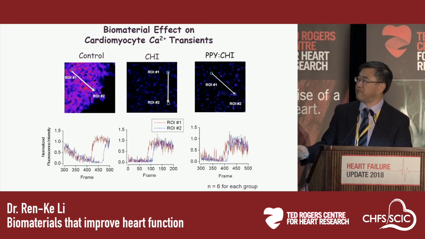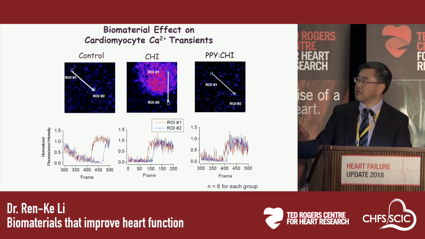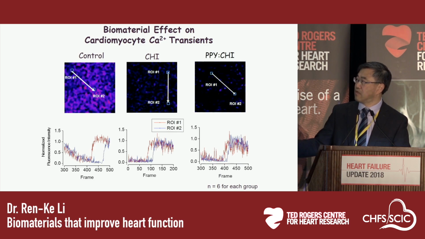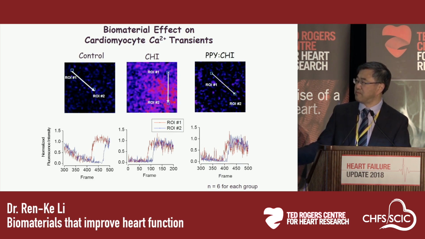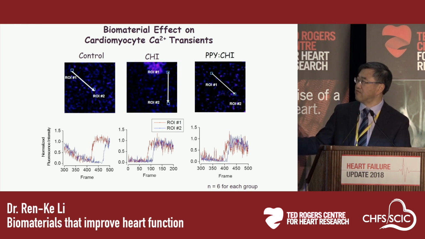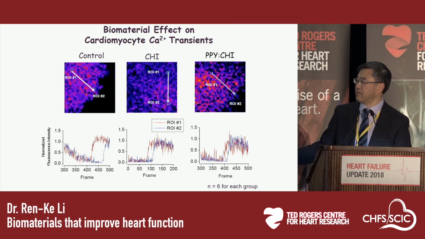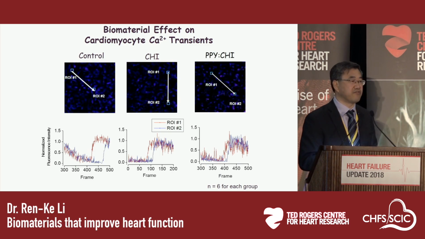So this is what she found out. In the control group, the conductive velocity from one point to another takes a long time. But the conductive velocity in the conductive biomaterial, or cells grown on top of the conductive biomaterial, is very fast.